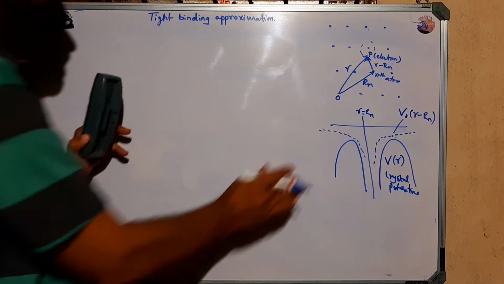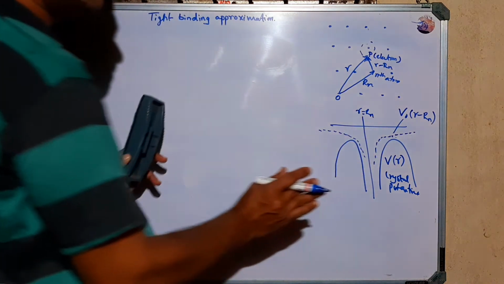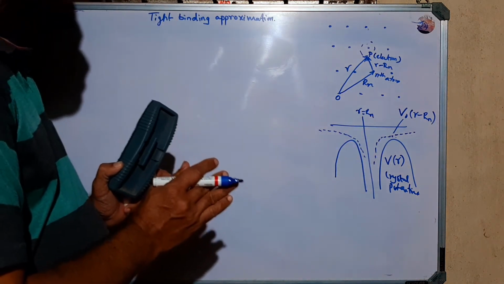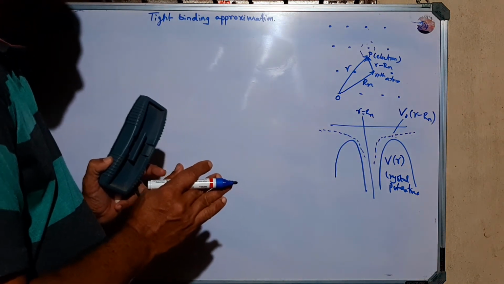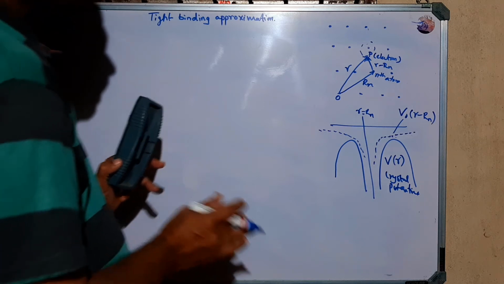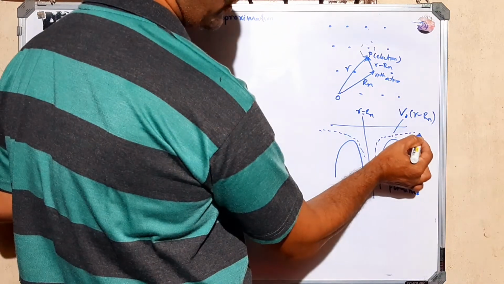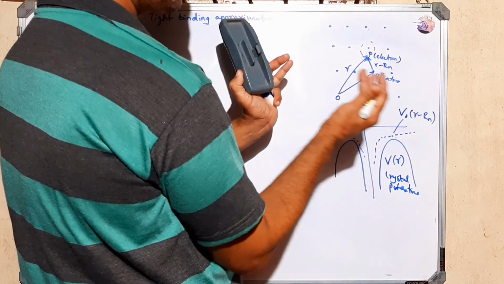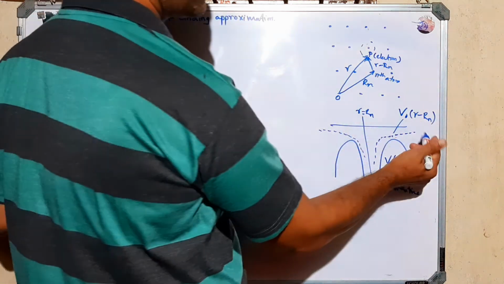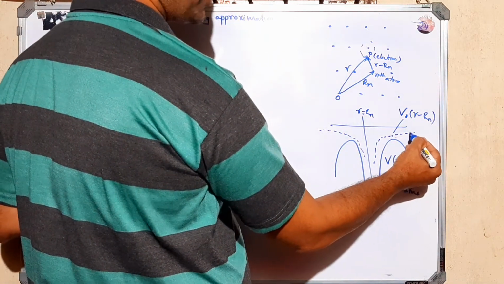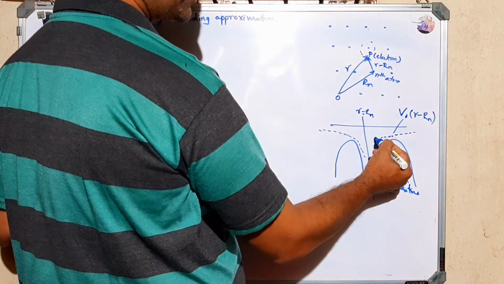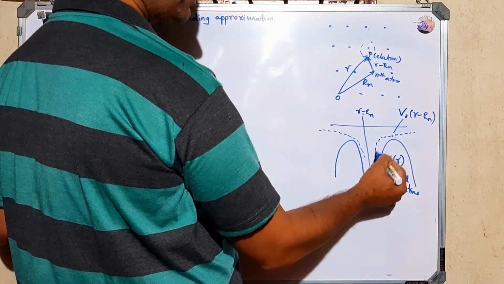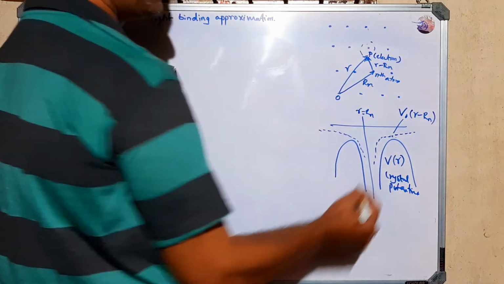See, this diagram represents the crystal potential and the electron potential. What is the meaning of this? As you bring atoms close together, the potential starts becoming more and more negative.